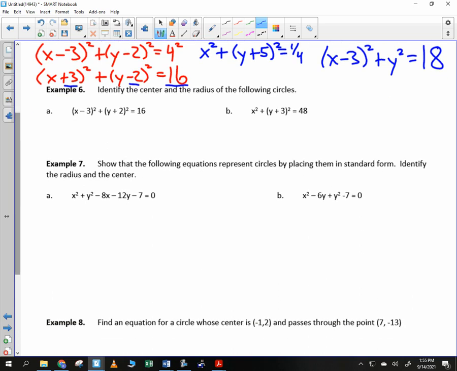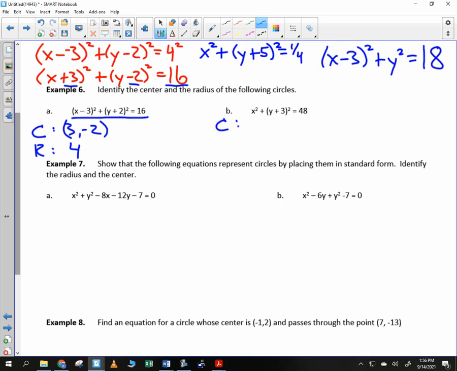Let's switch it around. If you saw an equation for the circle, could you identify the center and the radius? What's the center here? 3, -2. Awesome. Opposite of what you thought, right? Opposite of what it looks like. What's the radius? 4.